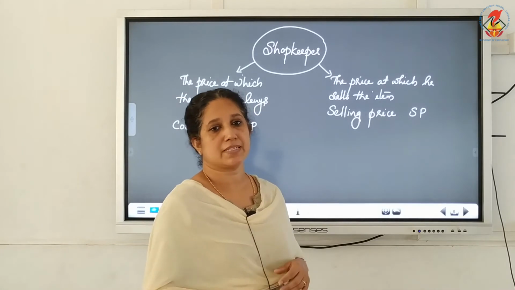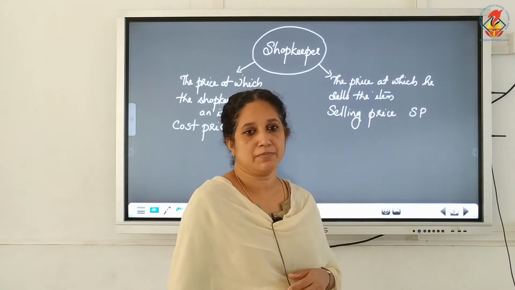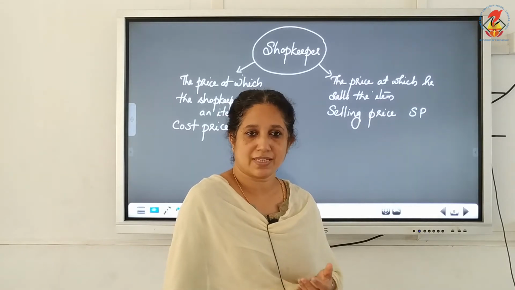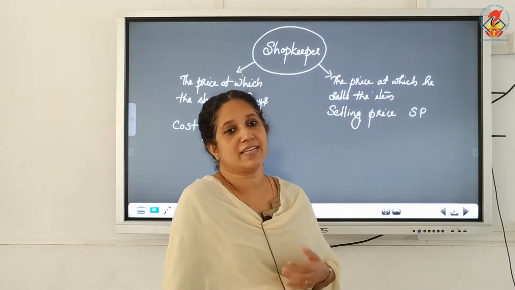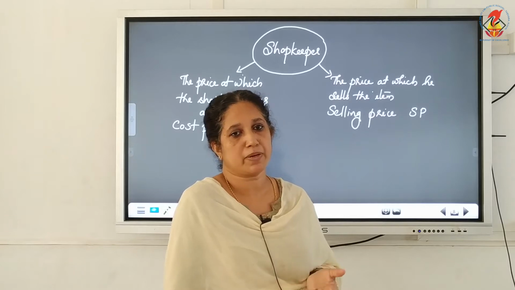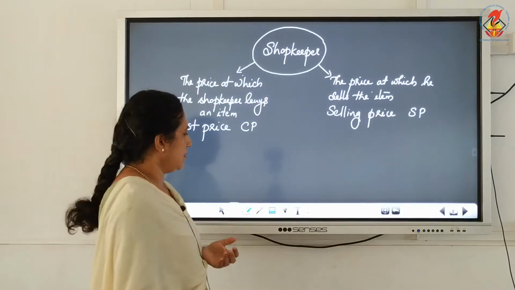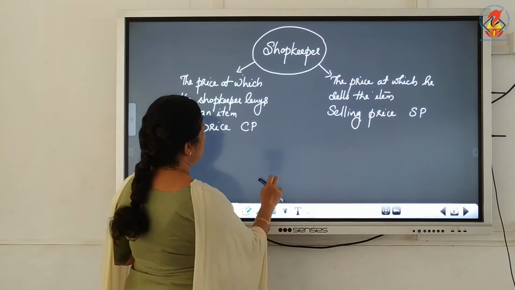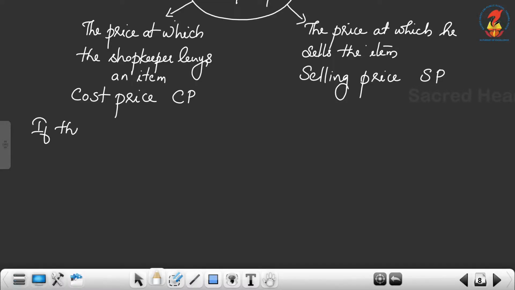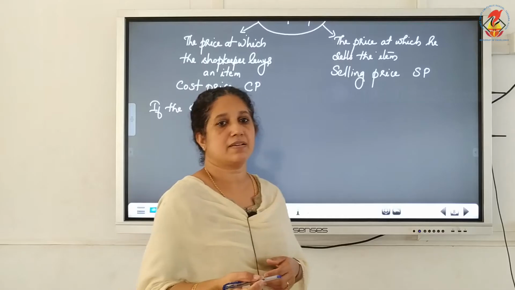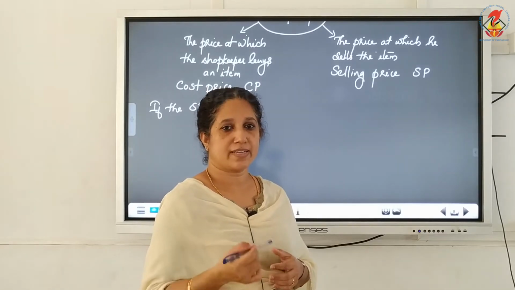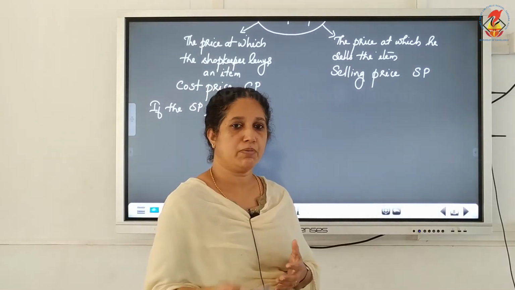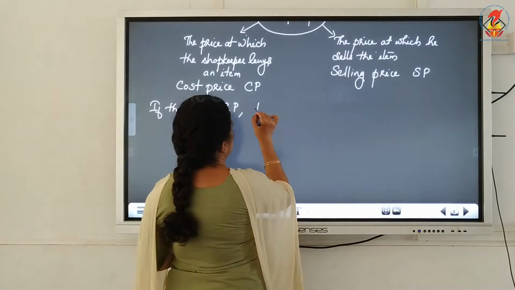Now the shopkeeper decides whether he wants to sell the item at a lower price or the same price or a price which is greater than the cost price. If the selling price is greater than cost price, then the shopkeeper makes profit or gain.